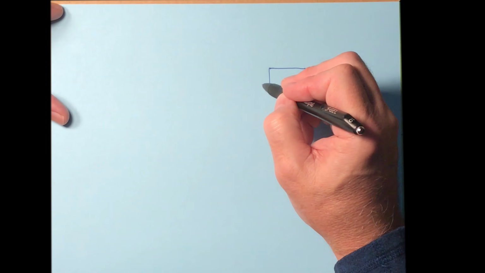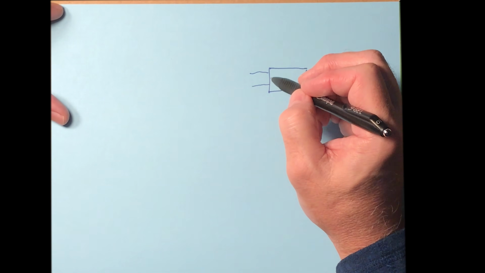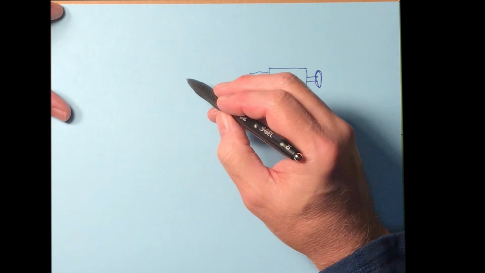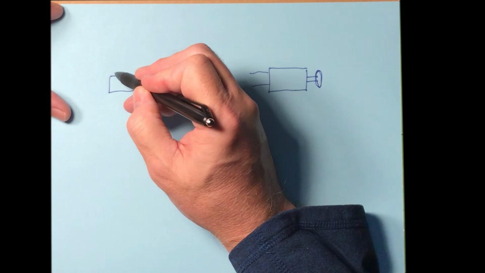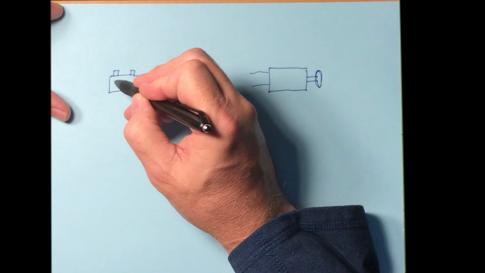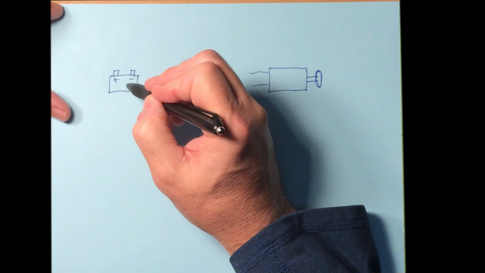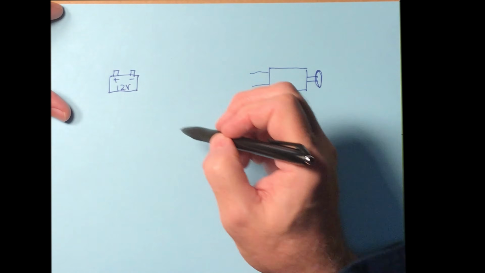This motor has a couple of wires coming off of it, and you want to connect this up to your battery. Over here, let's say this is your car battery. It's got a plus and minus terminal, and it's a 12-volt battery.